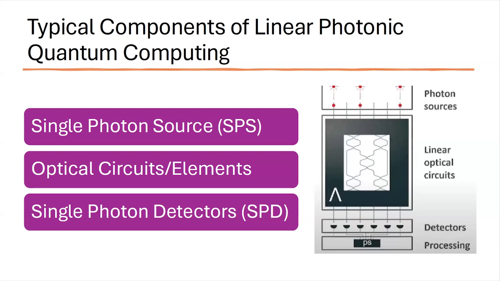Then you send these photons, ideally many of them, to some purpose-designed optical circuit. The modern devices use on-chip implementations. Then you measure the output and do some post-processing. This looks very similar to what we defined as the four steps of quantum programming. So these are basically programmable chips.